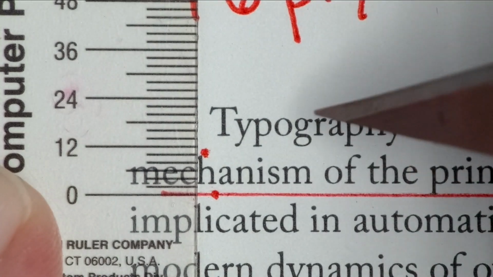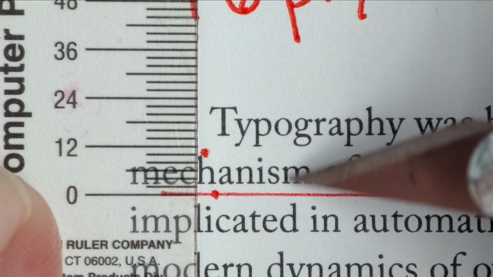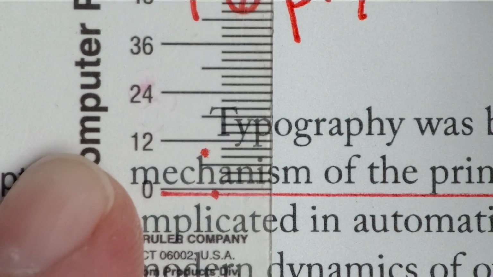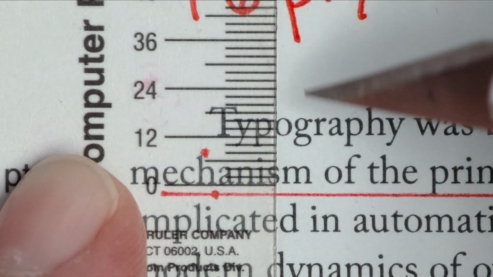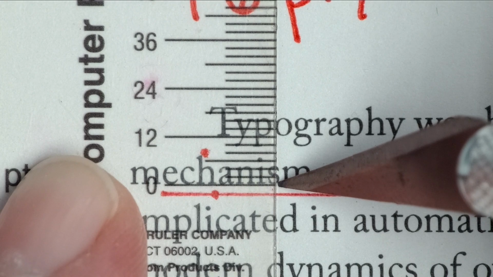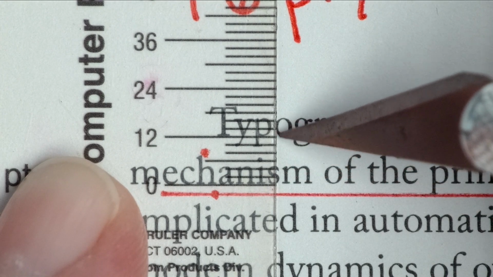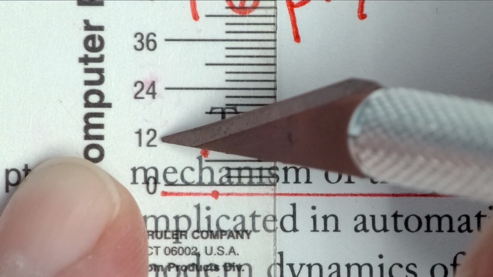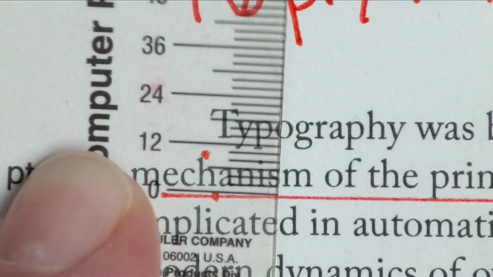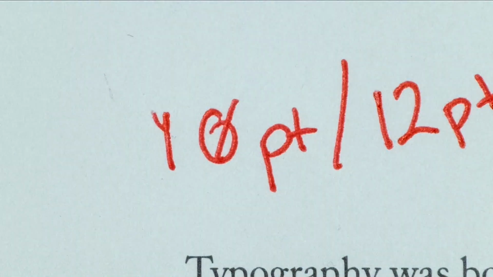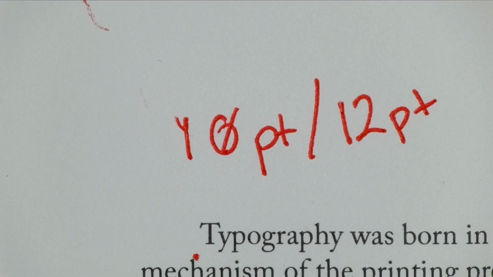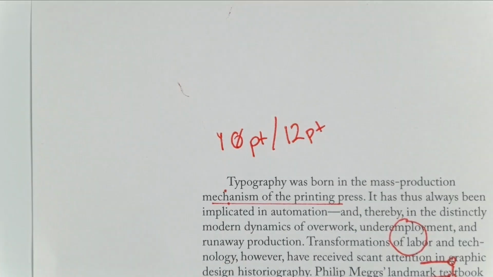So now I just need to measure from baseline to baseline to get my line height. And sure enough, if I line up, this baseline here is 0. This baseline, come all the way out here, is 12. So I would agree. This is, in fact, 10-point font, 12-point leading. Okay?